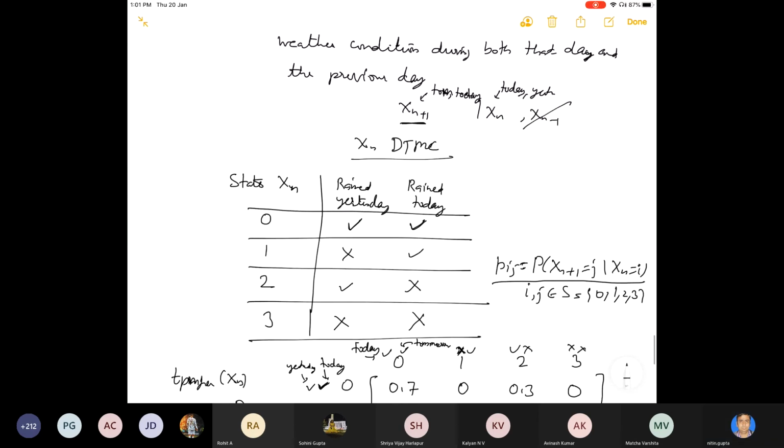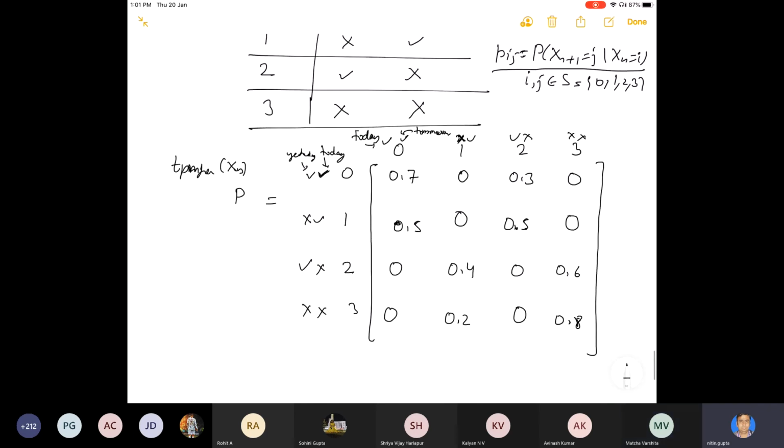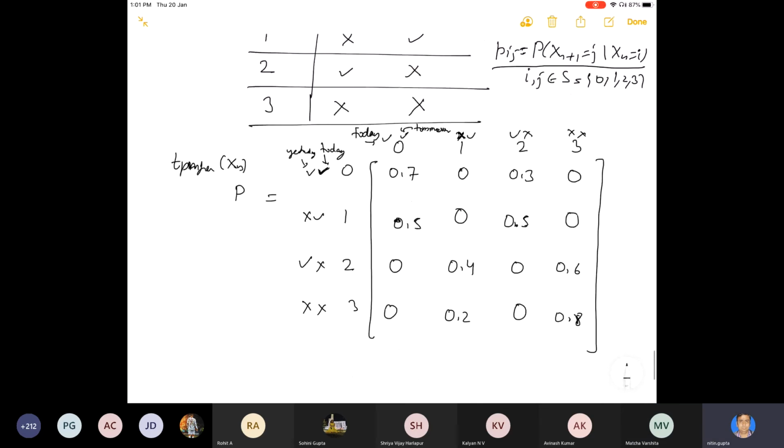Because Xn plus 1 depends on tomorrow and today, and Xn on today and yesterday, Xn plus 1 will depend on Xn only, not on Xn minus 1. So it will make a discrete time Markov chain if the conditions are satisfied.